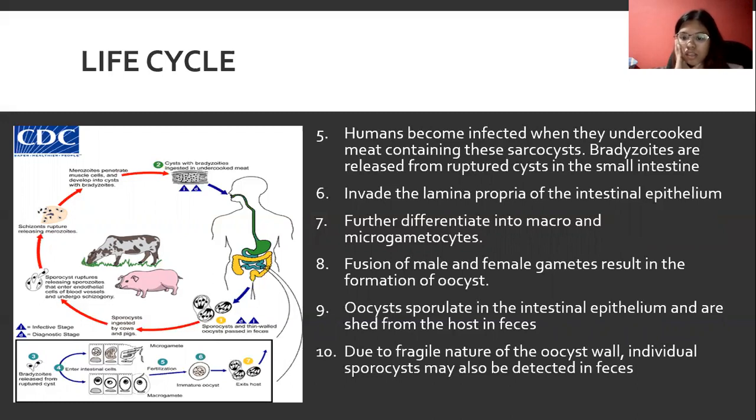So the fusion of the male and female gametes will result in the formation of oocysts. The oocysts will later sporulate in the intestinal epithelium and are shed from the host in feces. Due to the fragile nature of the oocyst cell wall, individual sporocysts may also be detected in feces. So, katulad po ng Isospora belli, ang ating Sarcocystis have 2 reproduction, asexual and sexual reproduction.